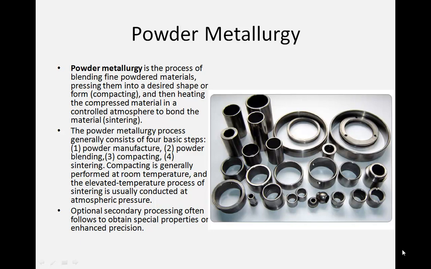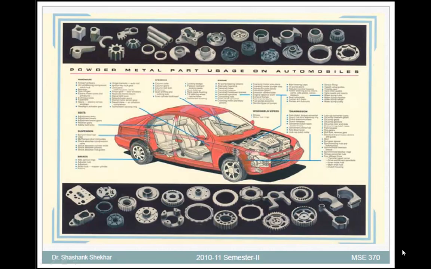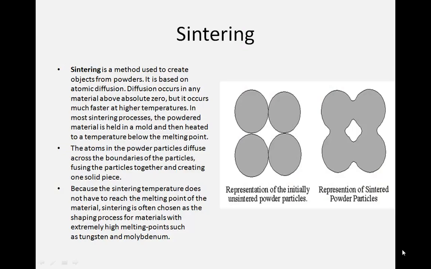Optional secondary processing follows to obtain special properties or enhanced precision. The parts created using powder metallurgy are used in automobiles, and as you can see in the figure, lots of gears and other automobile parts are made using it. So it's a very important part of the automobile industry.